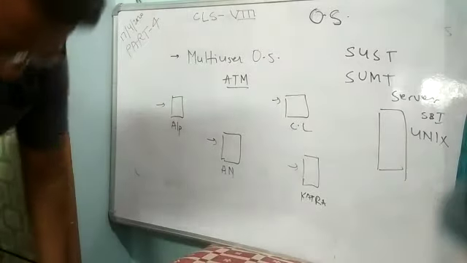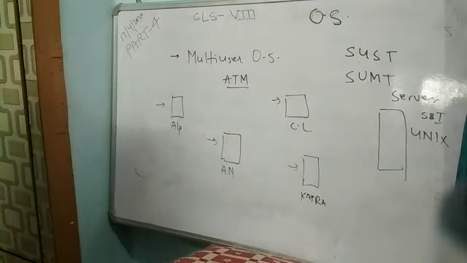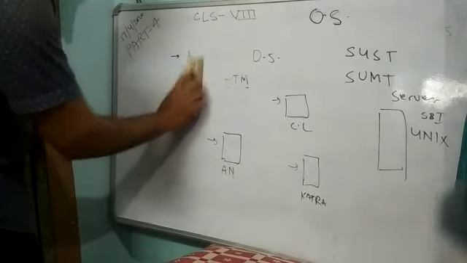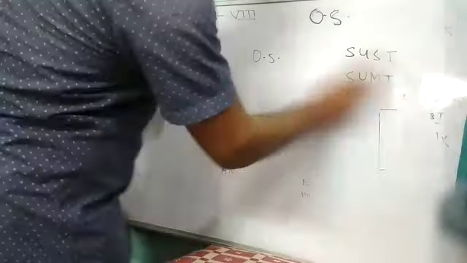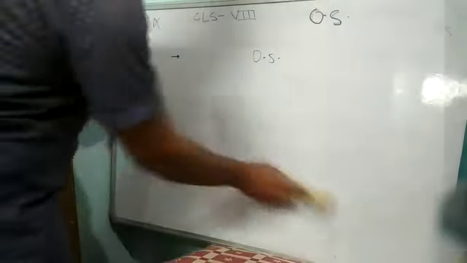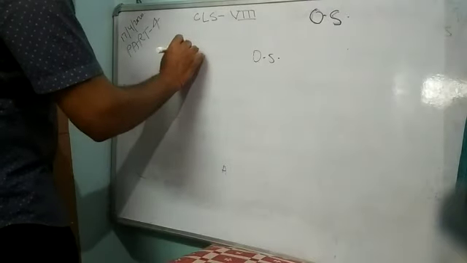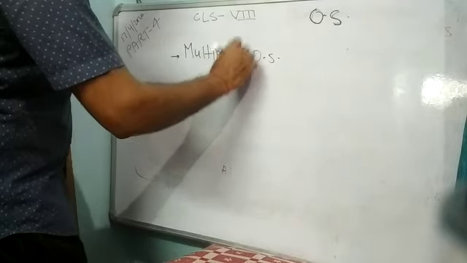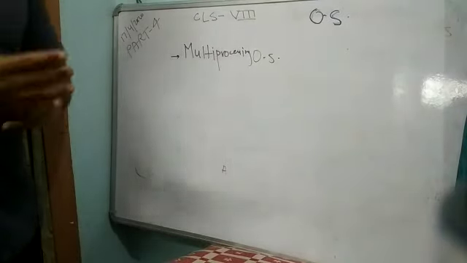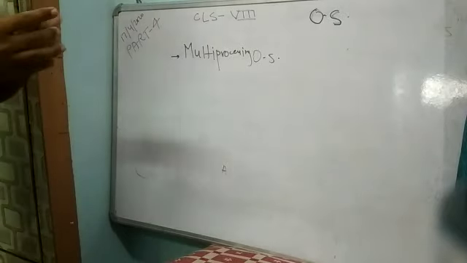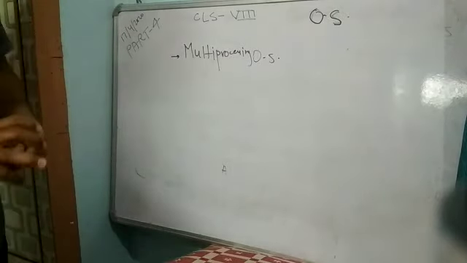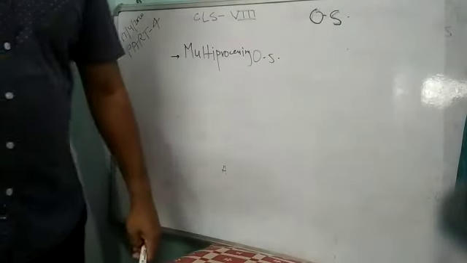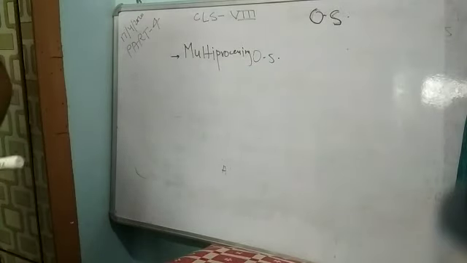Now move on to the next one, and that is multi-processing. We have learned the single user operating system, which has two categories, and the multi-user operating system. The third one is the multi-processing operating system. Multi-processing means a machine will share multiple processors.